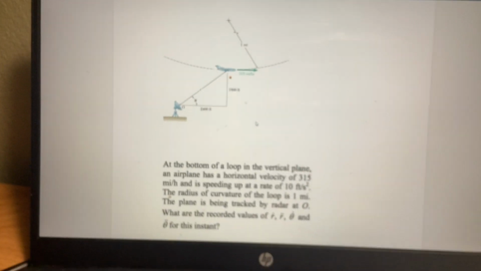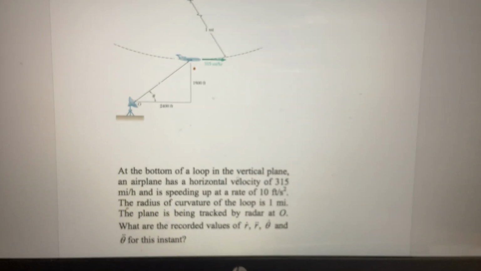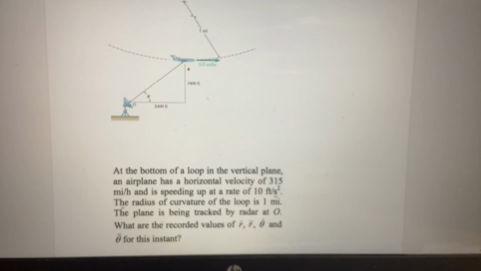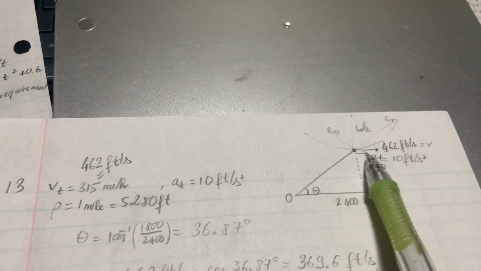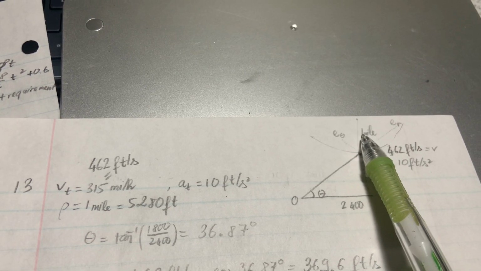This one is a little bit harder. I think the most important thing is, because at first I read "speed up at the rate of 10 feet per second squared," I thought it was just this one. I totally forgot we also had the an over here.